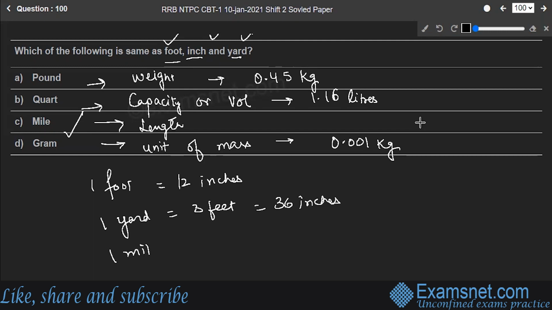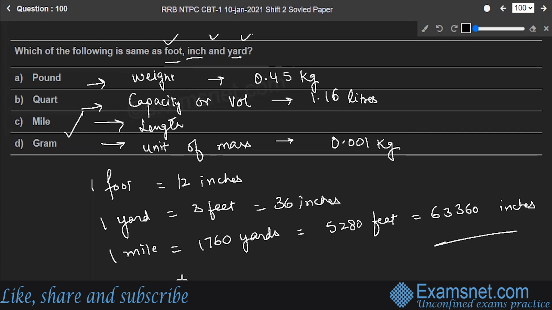And 1 mile is equal to 1760 yards, which is equal to 5280 feet, which is equal to 63360 inches. So that means clearly we have option C as the winner of this question, which is mile.